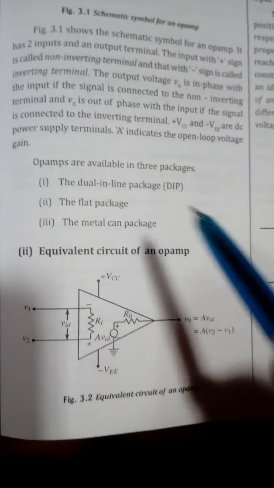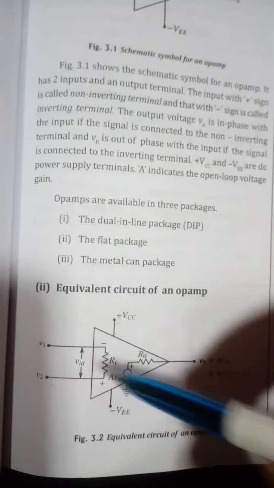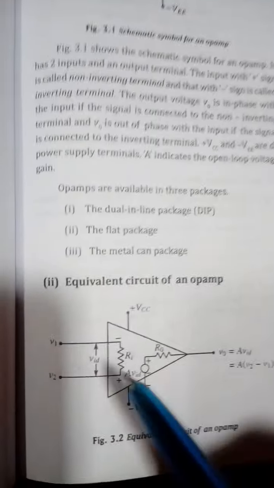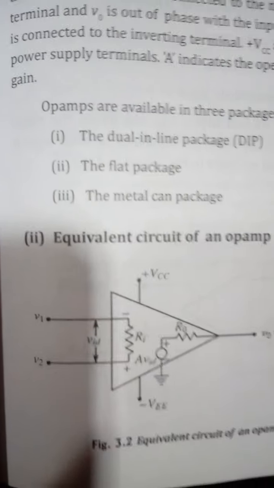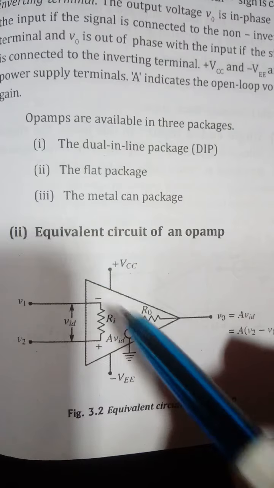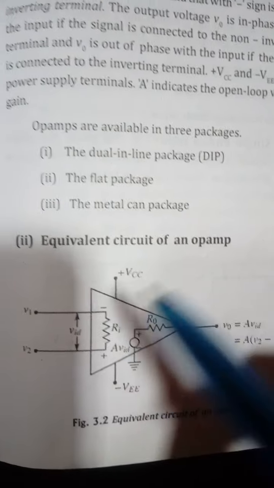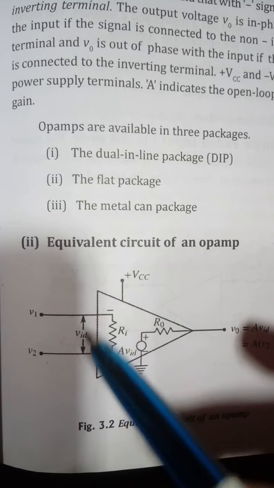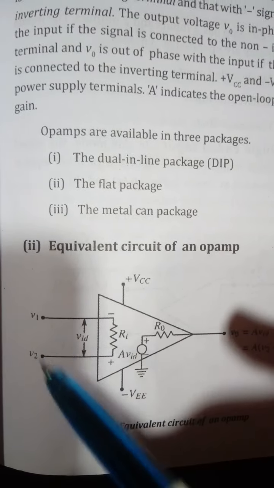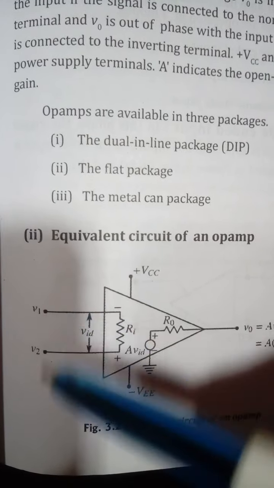Now coming to the equivalent circuit of an op-amp. V1 and V2 are the input terminals, and it has an input resistance called Ri between them. Here VID is the potential difference between the two inputs, since one input voltage is higher than the other.